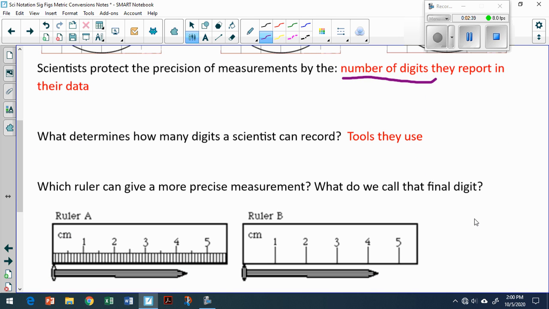We have two rulers here, two different tools, and they differ in the way that they report their measurements. So ruler A here reports millimeter lines, while ruler B only reports centimeter lines. So what happens then is in ruler A, we can know for sure which line the tip of the nail makes it at least towards.